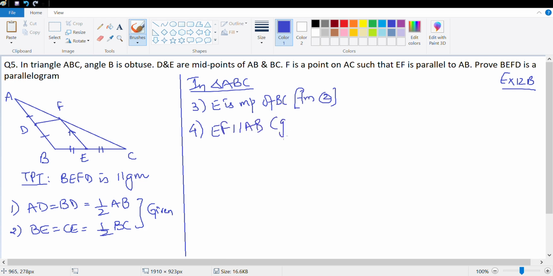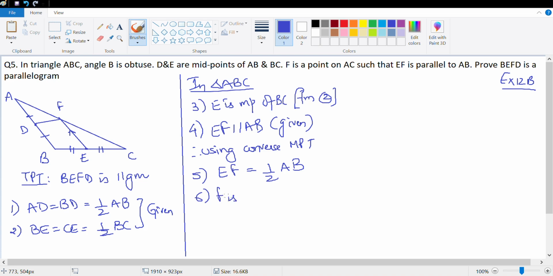This is given. Therefore, using converse midpoint theorem, I get number 5, which is EF is equal to half of AB, and I get F is midpoint of AC. So these are the two things that I get.